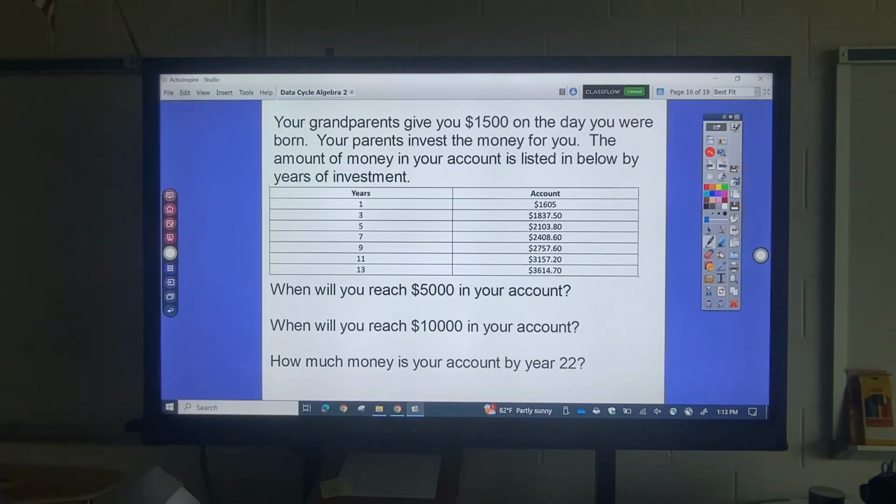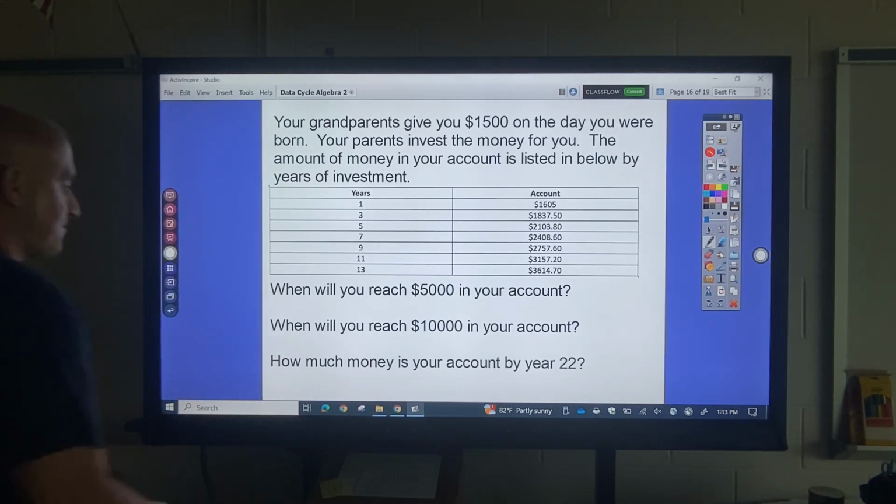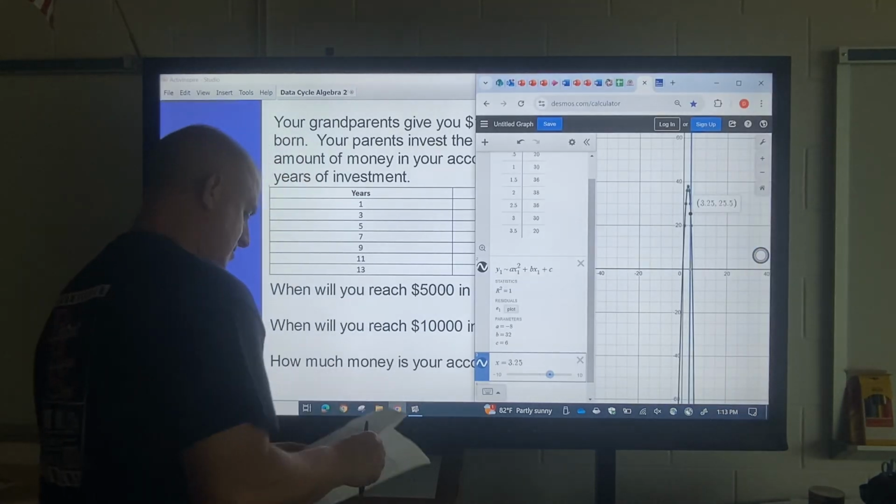Your grandparents investing $1,500. Okay, so let's go to that one.